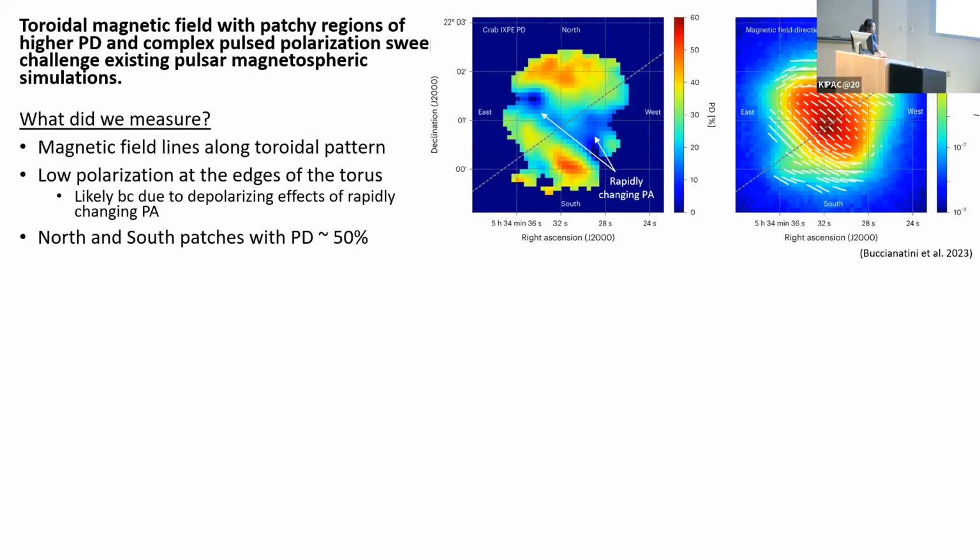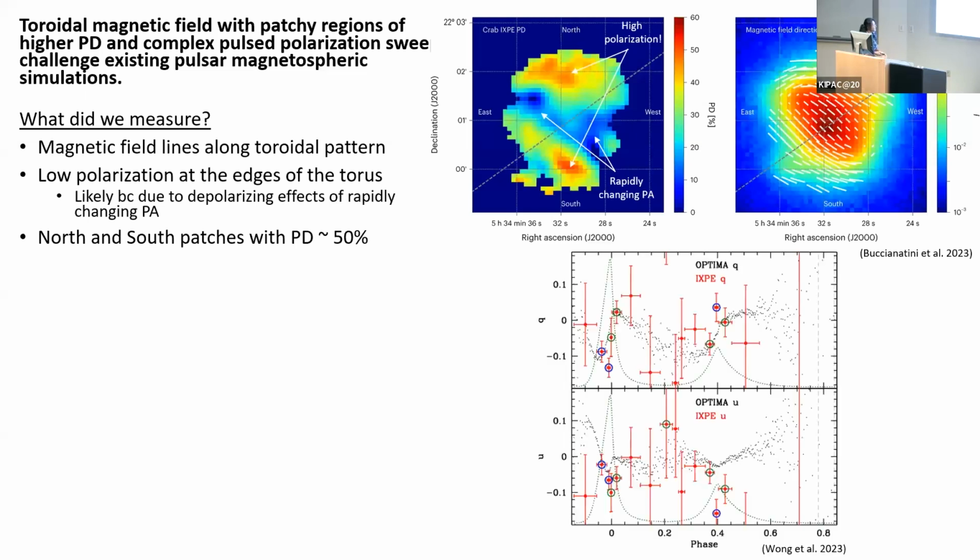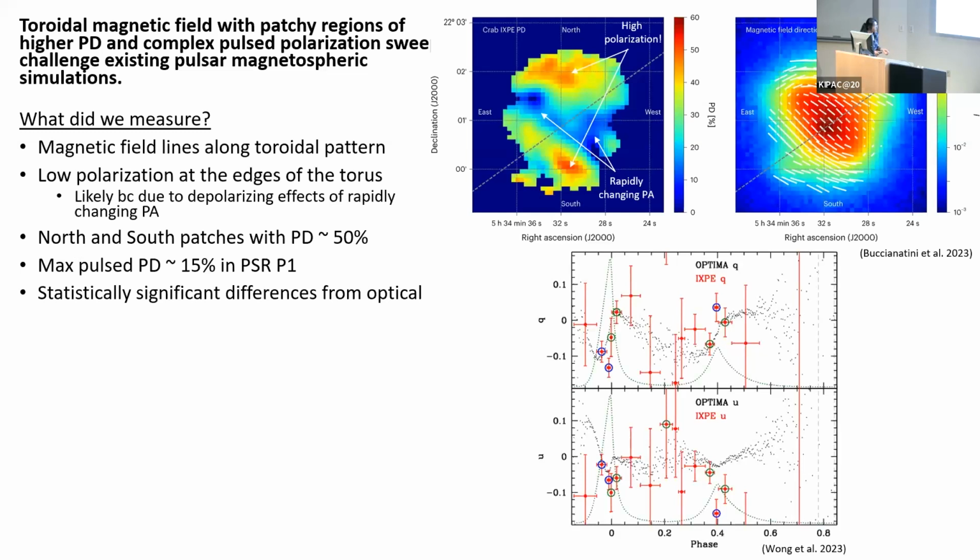Meanwhile, the north and south regions are very highly polarized, at up to 50%. The pulsar emission itself is only polarized up to 15%, and we also find statistically significant differences from the optical measurements.